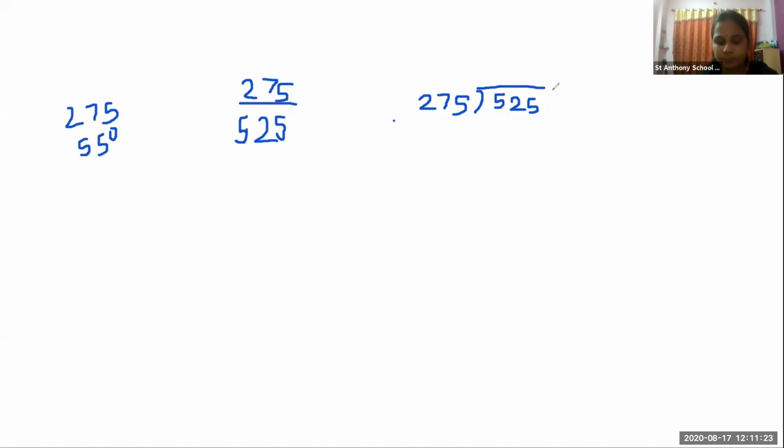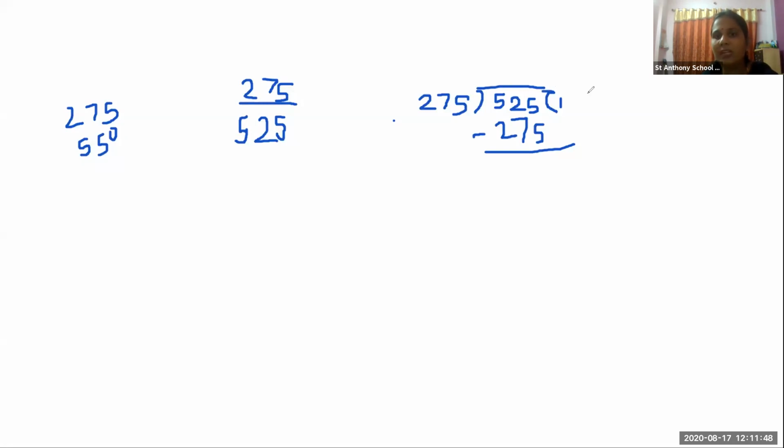So what answer will come over here? 1. 275 ones are 275, okay. After doing division, what we do is subtraction. 275 ones are 275, make a note of it.